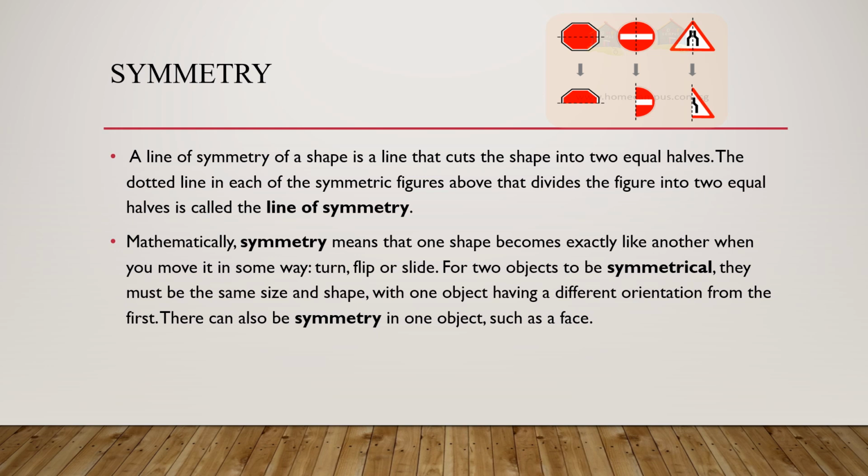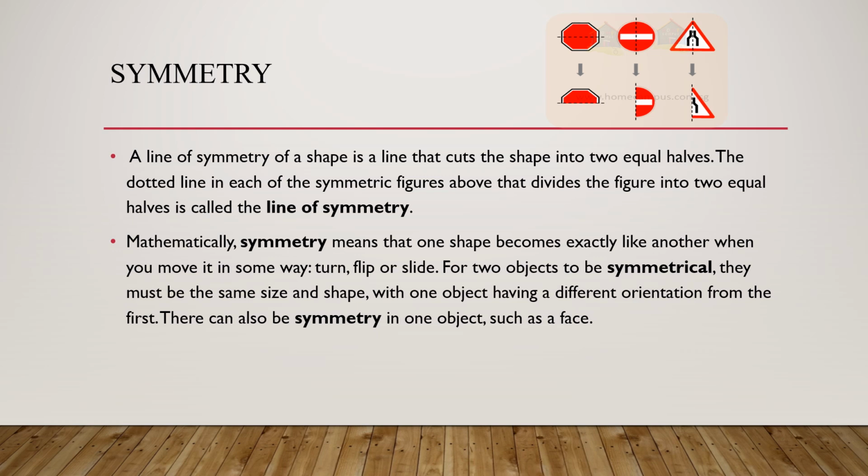It is cut into two halves and the line is called the line of symmetry. Mathematically, symmetry means that one shape becomes exactly like another when you move it in some way: turn, flip or slide. For two objects to be symmetrical, they must be the same size and shape, with one object having a different orientation from the first.